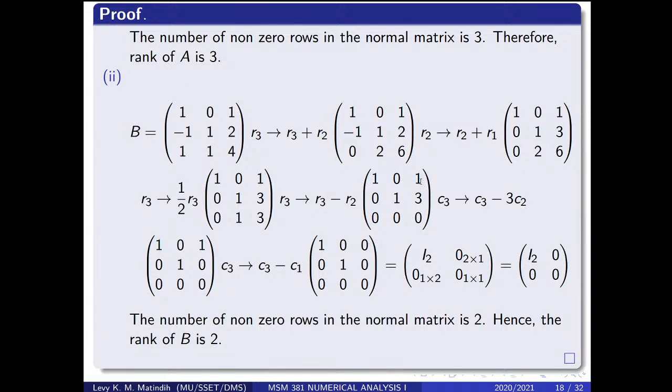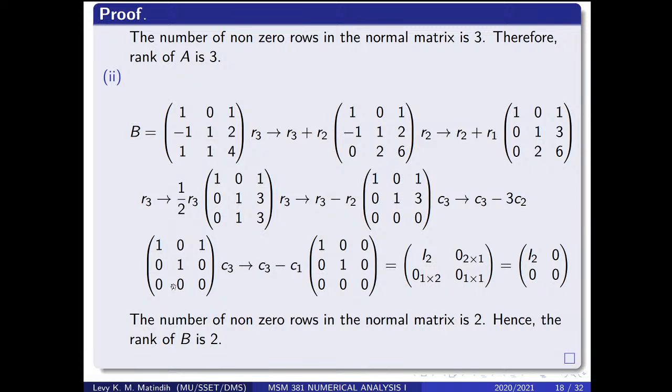So it will be 3 minus 3 times 0 to give us a 3, 1 minus 3 times 0 to give us a 1, then 3 minus 3 times 1, it will give us a 0, then 0 minus 3 times 0 to give us a 0. So the resulting matrix will be this matrix with entries 1, 0, 1, 0, 1, 0, 0, 0, 0.